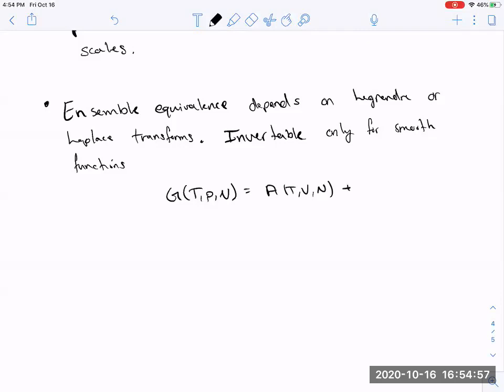They are related through a Legendre transform, which depends on how the Helmholtz free energy changes with volume at constant T and N times the volume. If A is not a smooth function with V, this is not invertible. I can't move that derivative. I can't divide through by that derivative. If I have an infinity over on the right, it doesn't even make sense to construct the left-hand side.